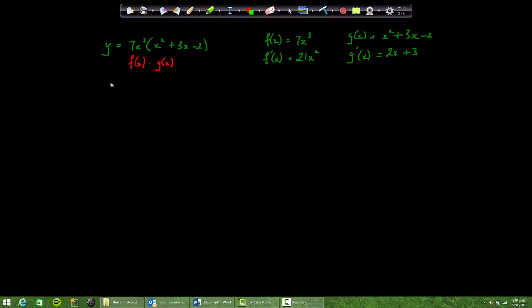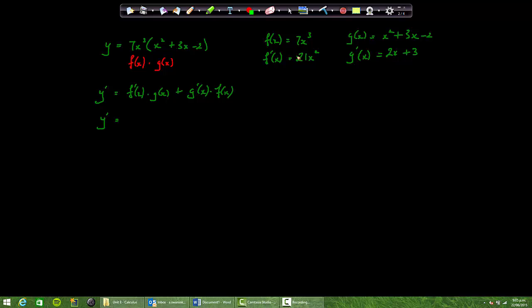Coming back to here, what's our derivative? According to the product rule, it's f dash x times g(x) plus g dash x times f(x). Not something you'd write down every time.